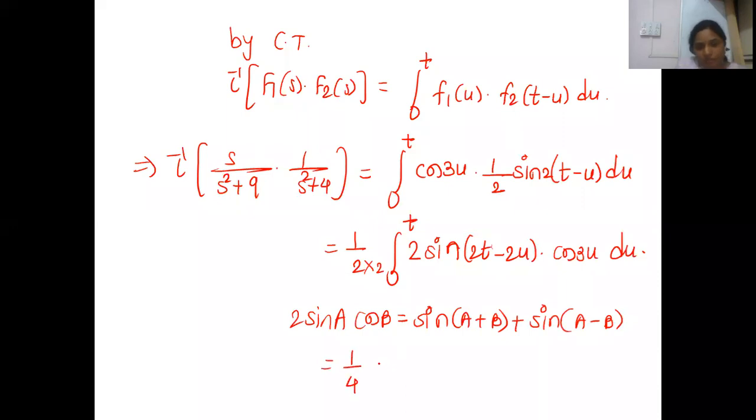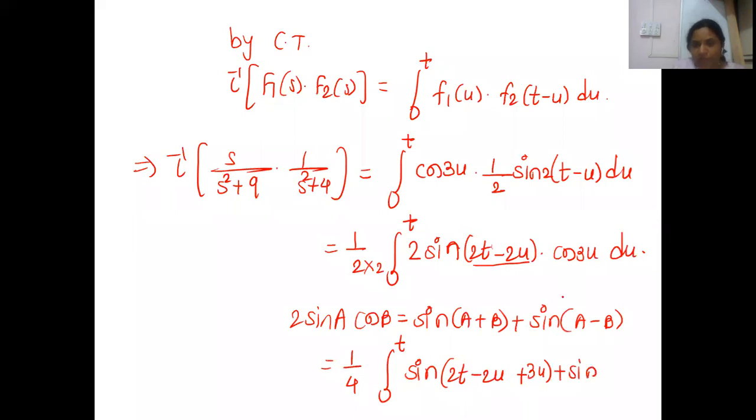It is 1/4 integration 0 to t of sin(2t minus 2u plus 3u) plus sin(2t minus 2u minus 3u) du. So it is 3u minus 2u, u.